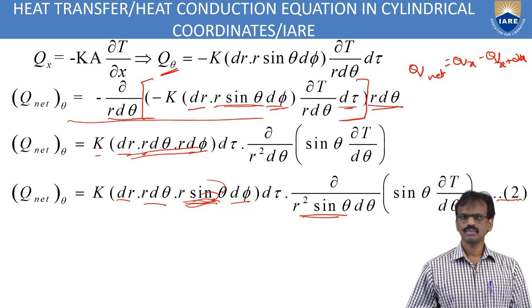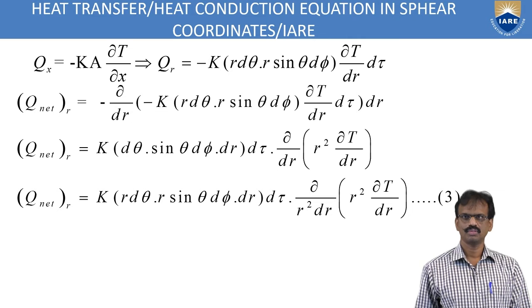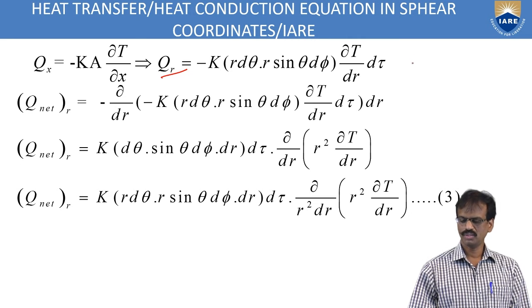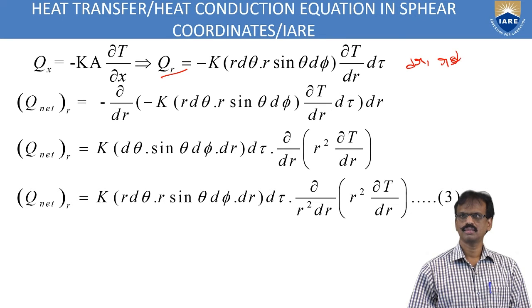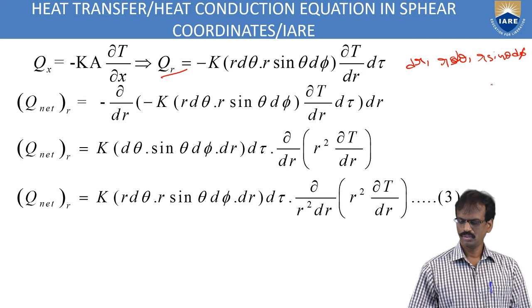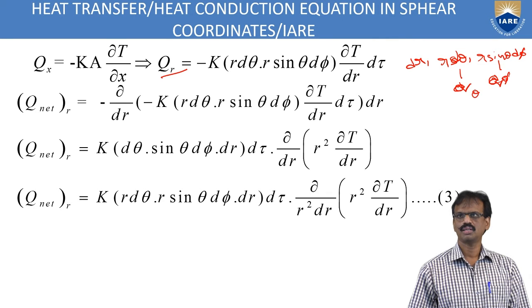Next, with respect to r, now qr. We know the parameters: one is dr, another is r d theta, and the last is r sin theta d phi. With respect to this one, q phi is computed, with respect to theta, q theta is computed.